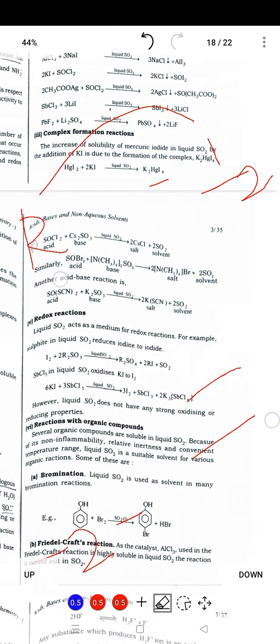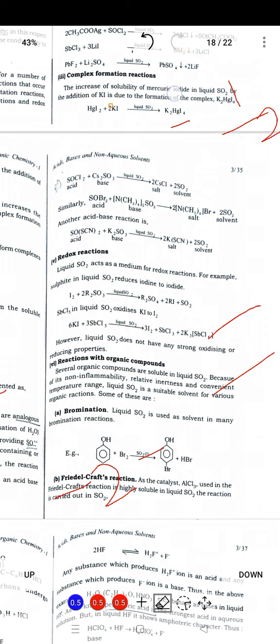And the next example is potassium iodide and antimony chloride. There also what happens is that potassium iodide is oxidized to I2. However, in general we can say that liquid sulfur dioxide does not have any strong oxidizing or reducing properties.